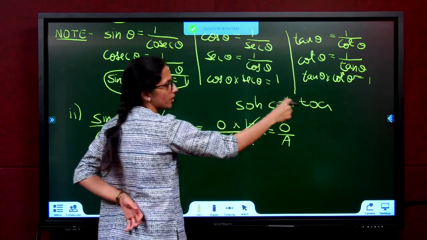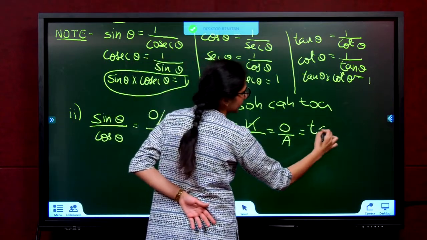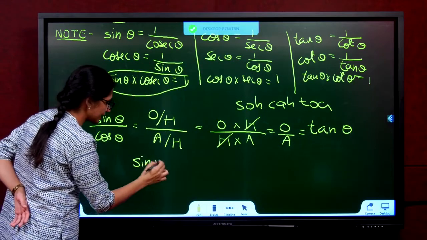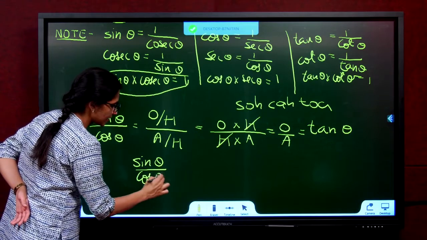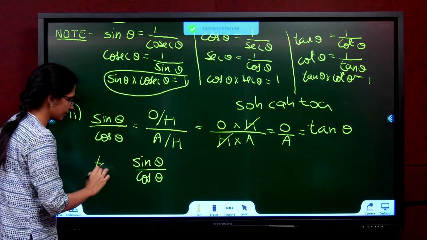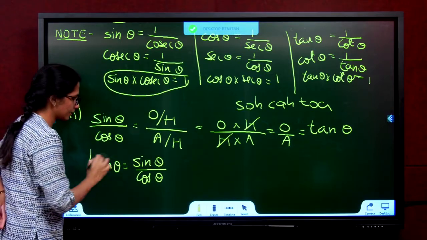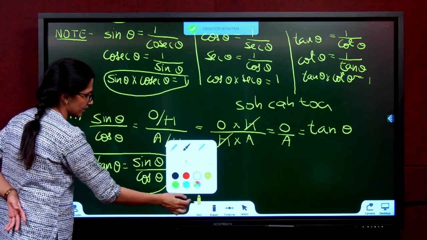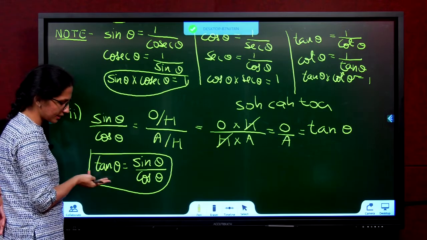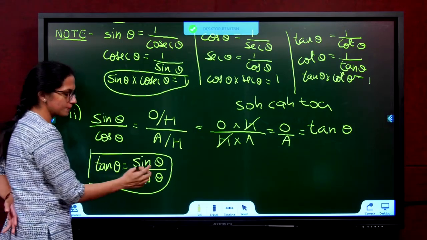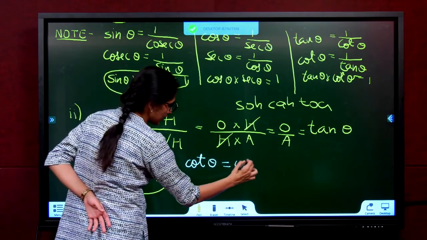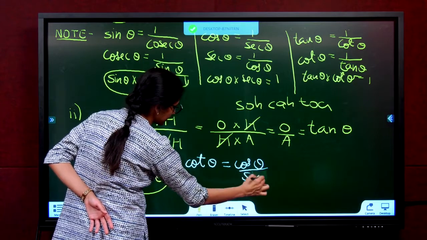We just learned it on top. Opposite by adjacent is tan theta. Therefore, sine theta by cos theta is equal to tan theta, or tan theta is sine theta by cos theta. Cot theta is the reciprocal, ulta of tan theta. If you make this reciprocal, 1 by tan theta, cos will go up, sine will come down. So the reciprocal of tan theta is cot theta. Cot theta is cos theta by sine theta.